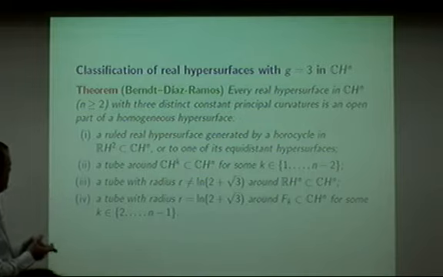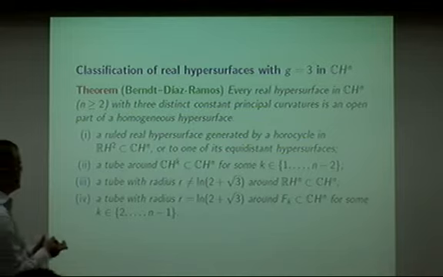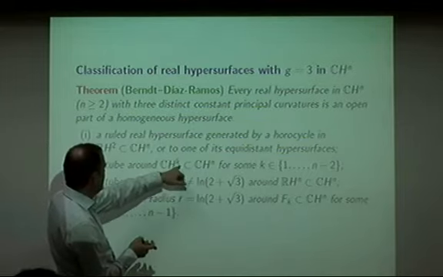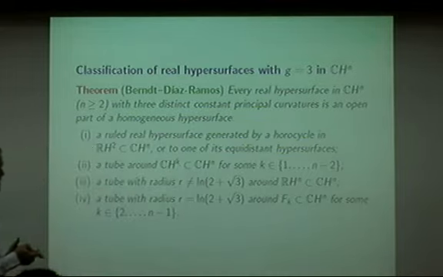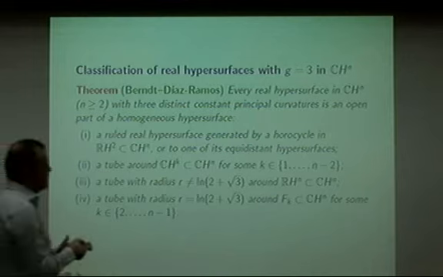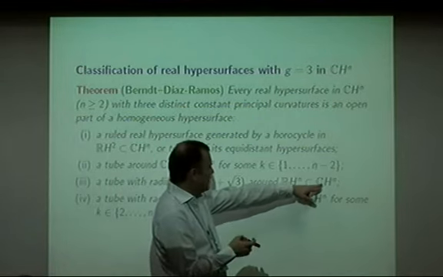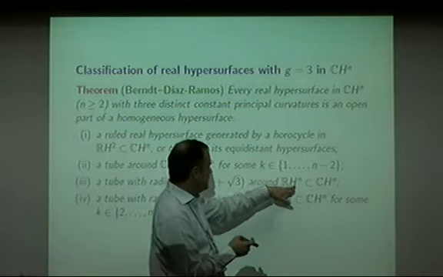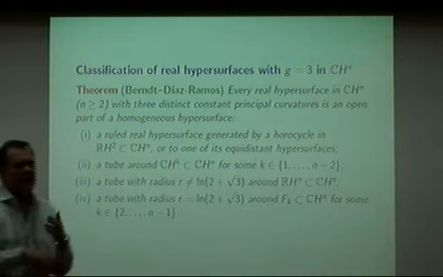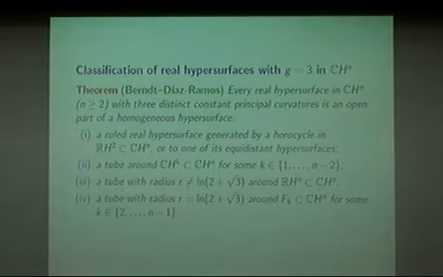In the second part, we have a tube around the k-dimensional complex hyperbolic space in CHn. Now this is not so difficult. We can also take a real hyperbolic space of half dimension in complex hyperbolic space and take the tube around them, and they are homogeneous, but generically these have 4 distinct principal curvatures.